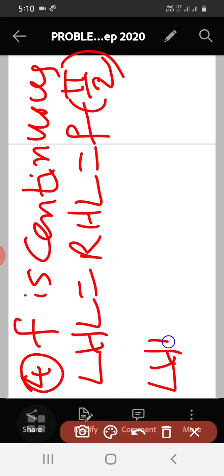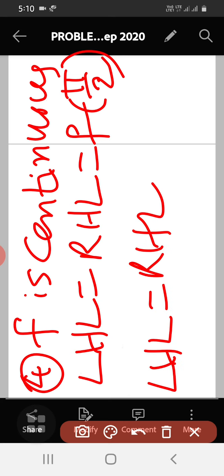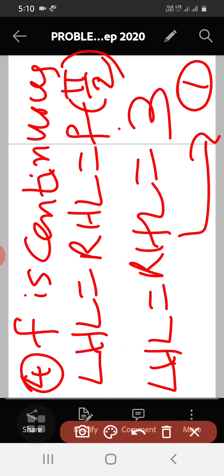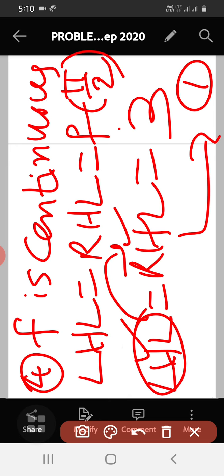What is the value of the function at the given point? That is defined as 3. Let me call this equation 1. It is enough if we find any one of the limits, left hand limit or right hand limit. So let me find the left hand limit. Whatever the left hand limit is, that will be equal to the right hand limit. So use this in the final step.